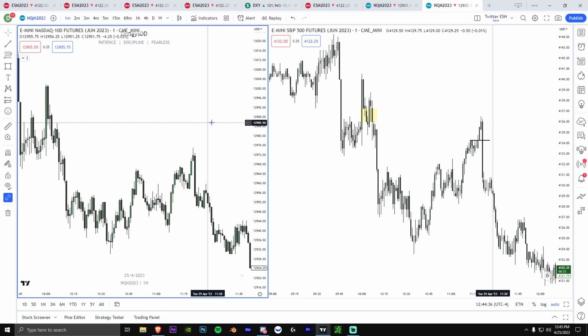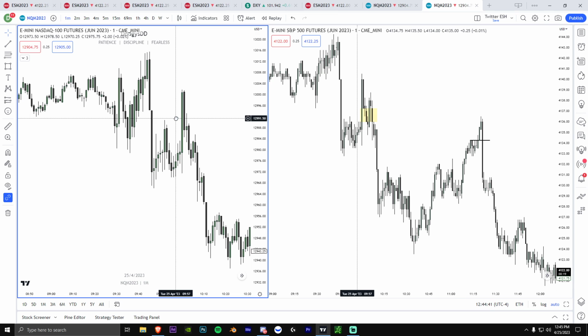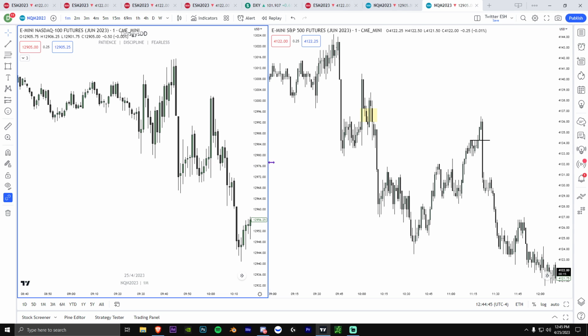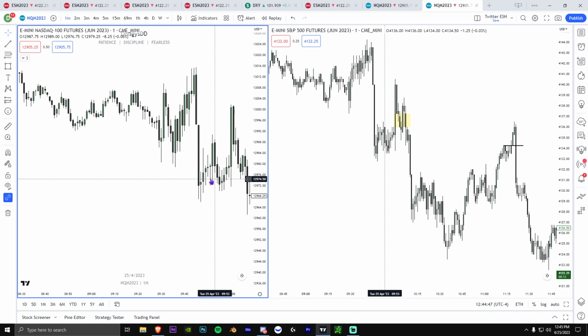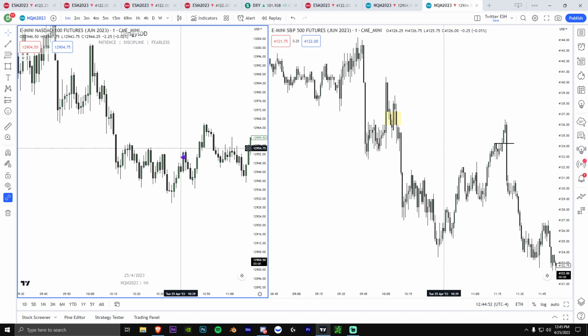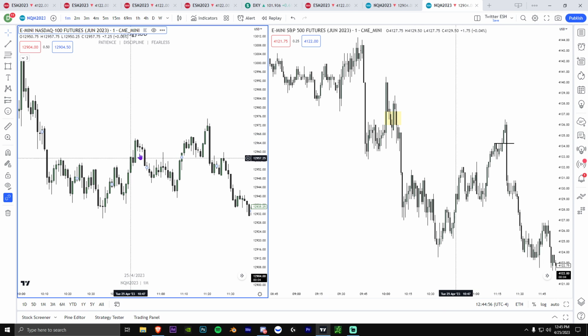So this morning we didn't really get too many SMTs off the open, but in this example right here, let me see if I can find it. Let's see. It was right here.